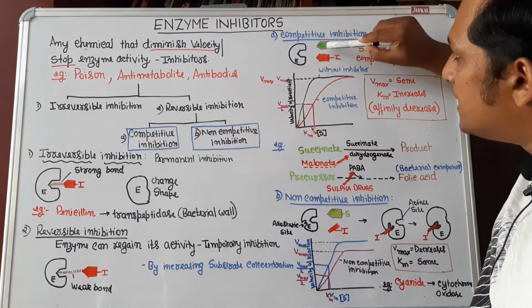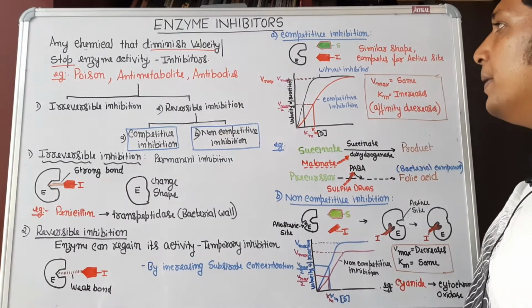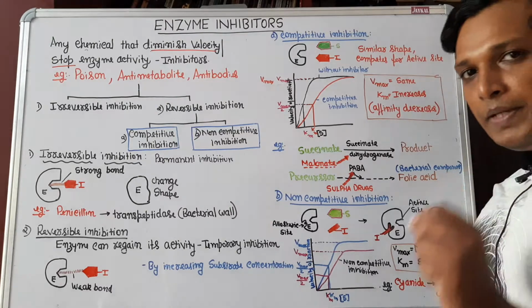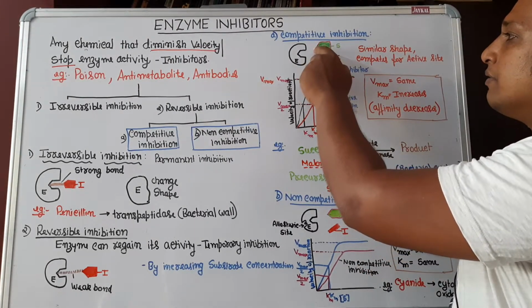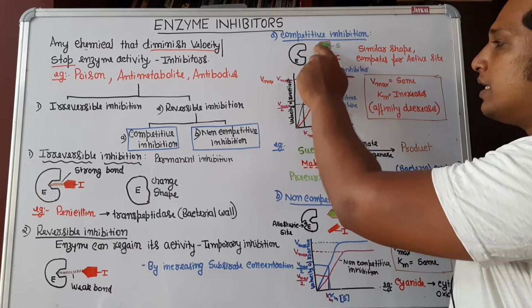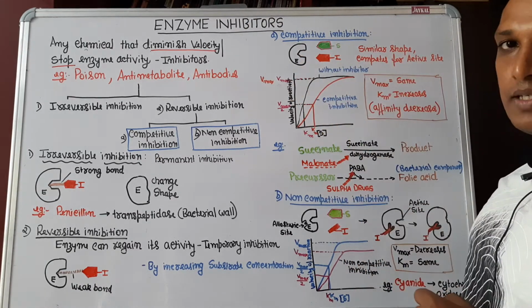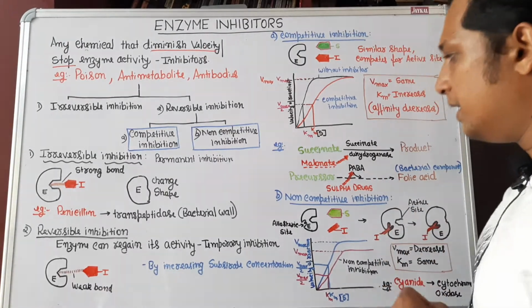So there will be a competition between the substrate and the inhibitor. That's why it is called competitive inhibition. Hence, competitive inhibition is a type of inhibition where the inhibitor resembles the substrate. Therefore, they will compete with the substrate to bind to the active site.